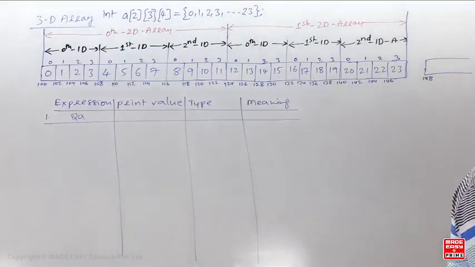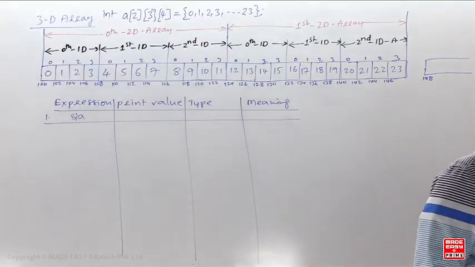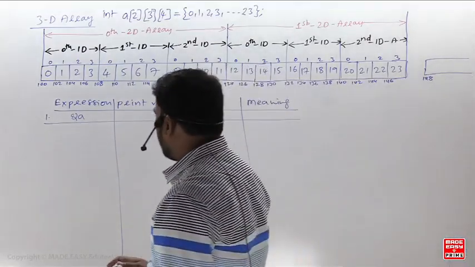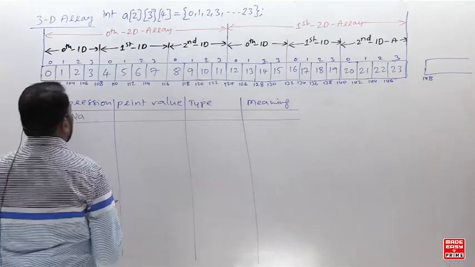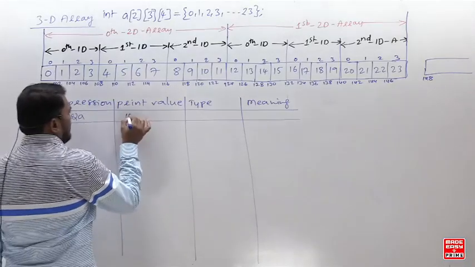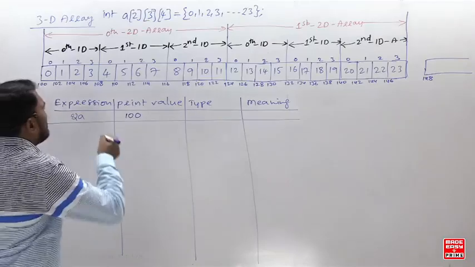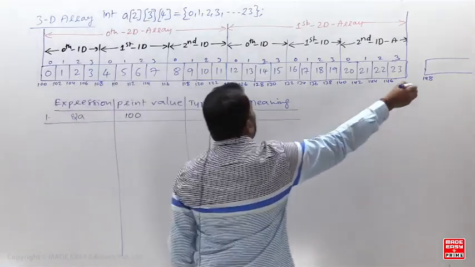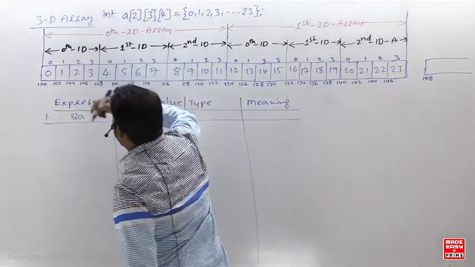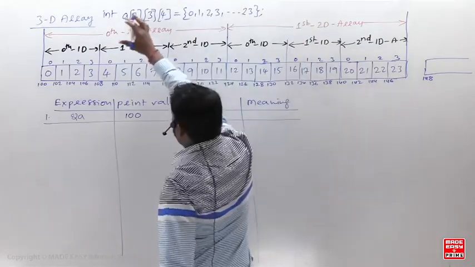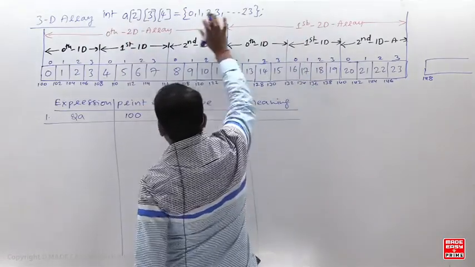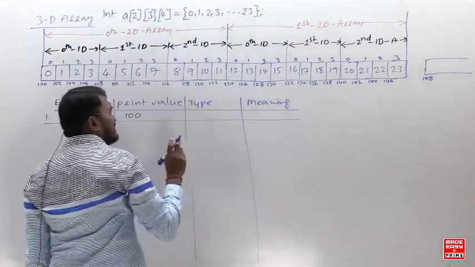If you revised them, this is very easy. If I write ampersand A, tell me what will print? It will print 100. Ampersand A means it is pointing to the entire 3D array.